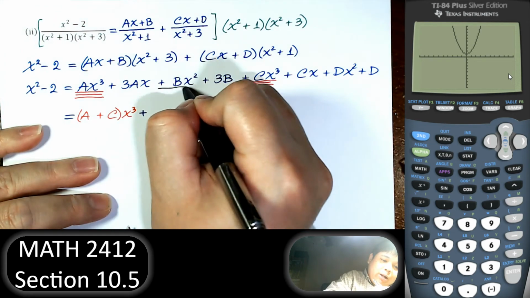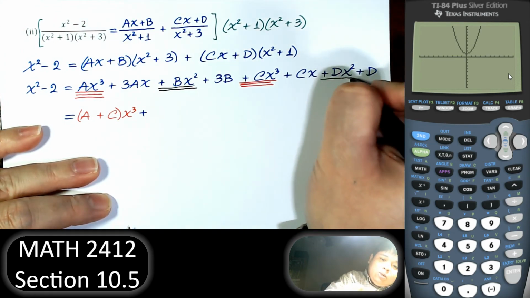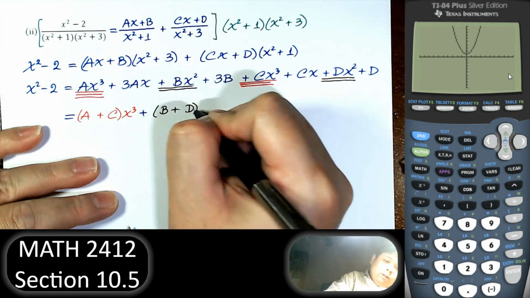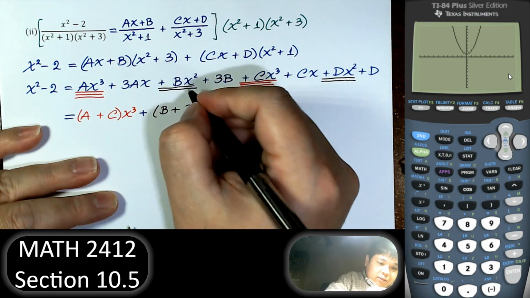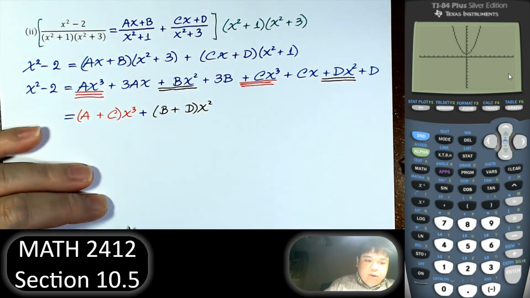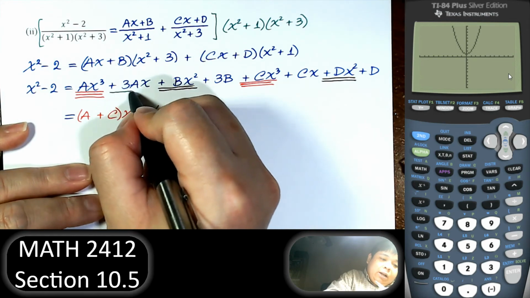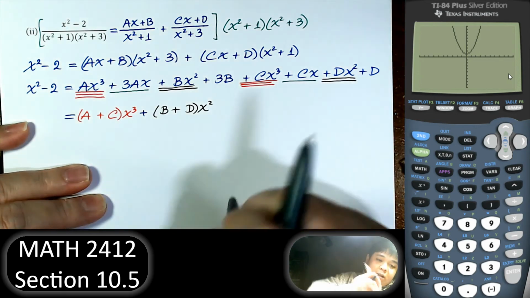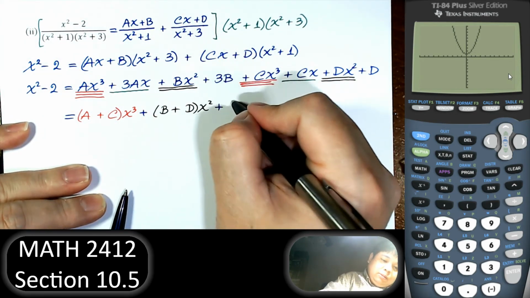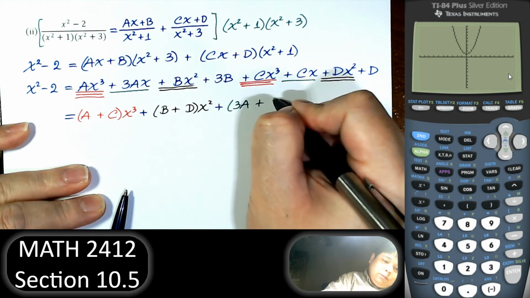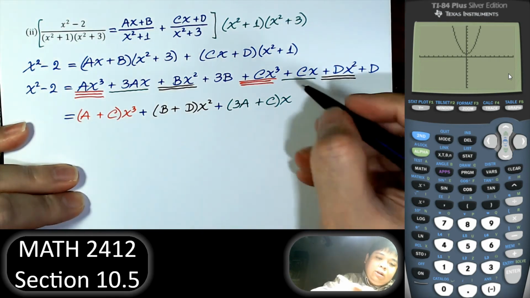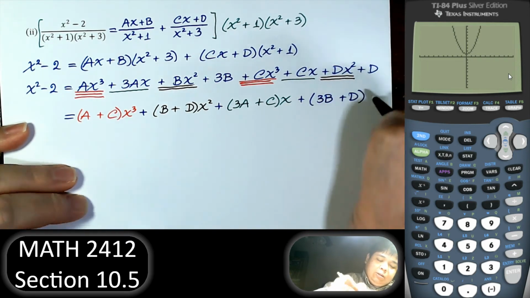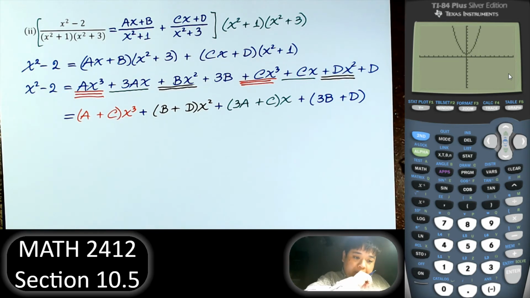And we have bx squared and dx squared, factor out x squared. And then 3ax and the cx, factor out the x, and then we're left with 3b and d. Right?